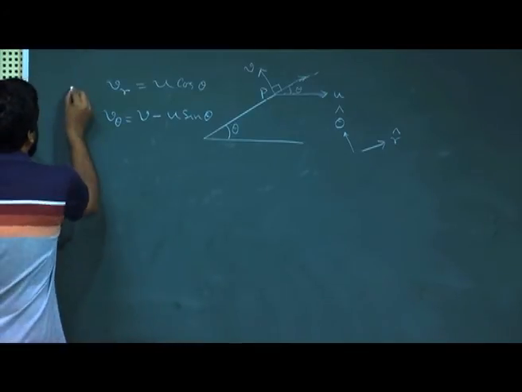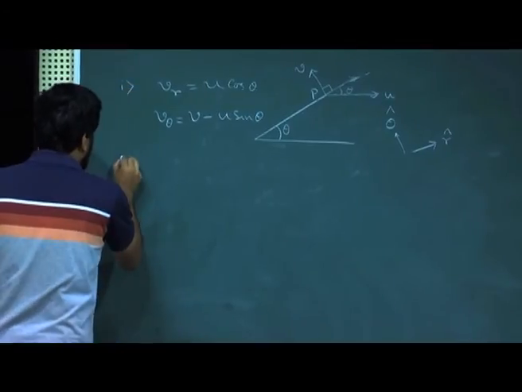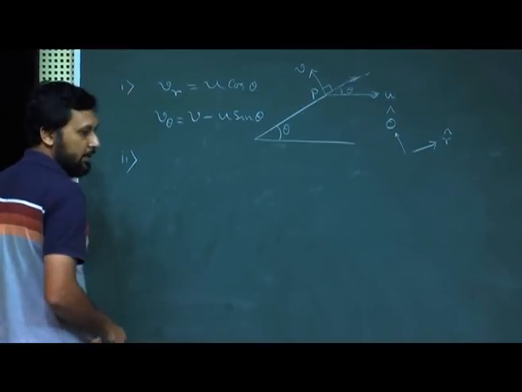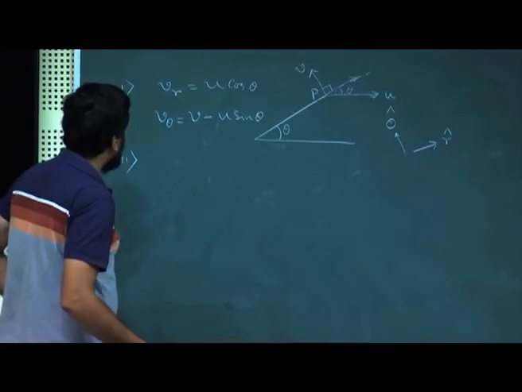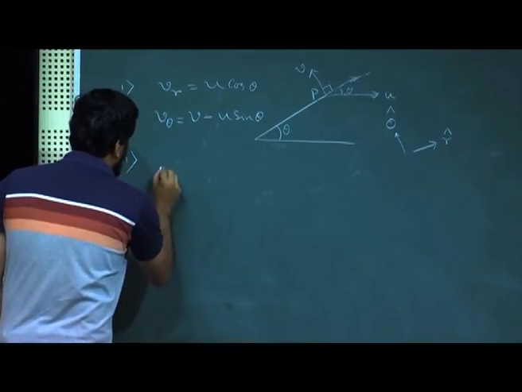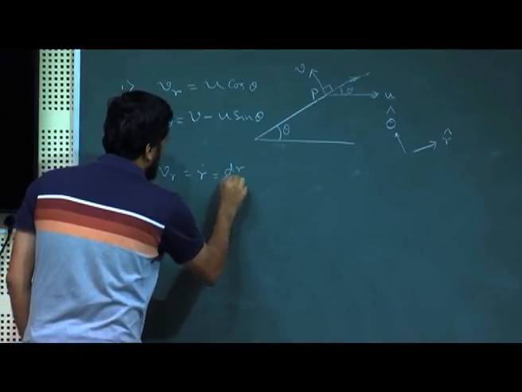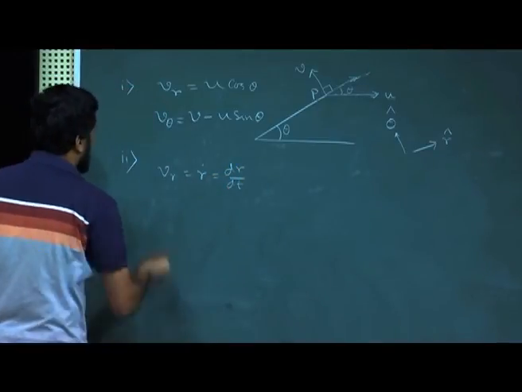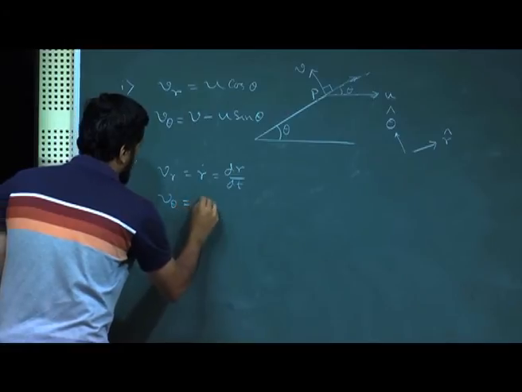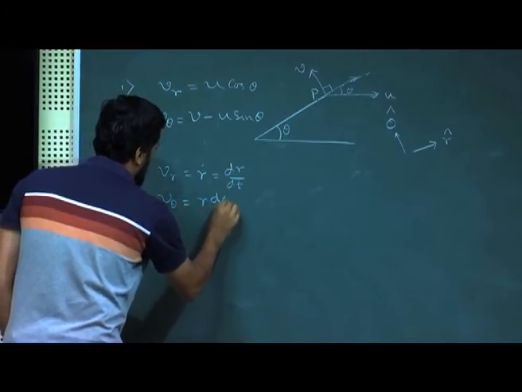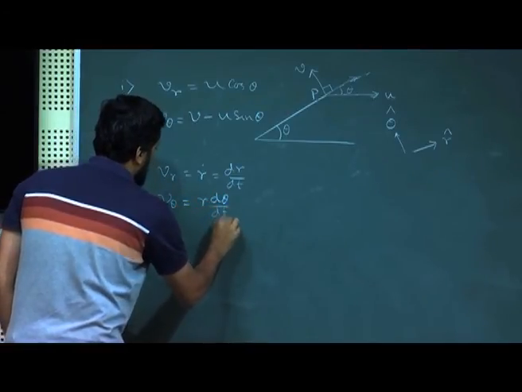Second question is, so this is the part 1. Part 2 of the problem is we have to set up the equation of motion. Please remember, Vr is equal to r dot is equal to dr dt, and v theta is equal to r d theta dt.